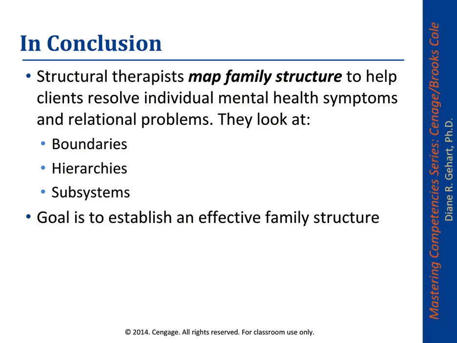The focus really is to establish an effective family structure that has some basic components. It's very important to consider cultural, gender, social, economic, class, and religious issues when considering what is a healthy family structure, because it does vary dramatically across cultures and social class, and even in each gender's role within all of that.